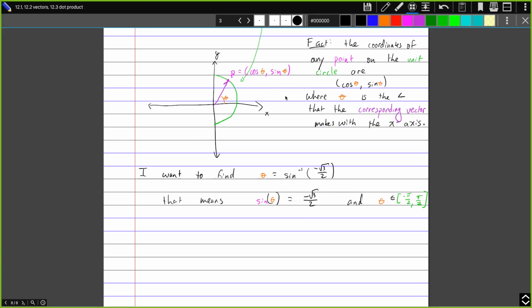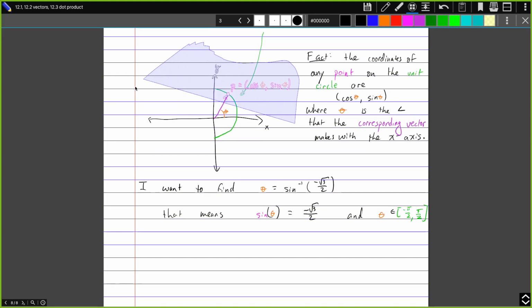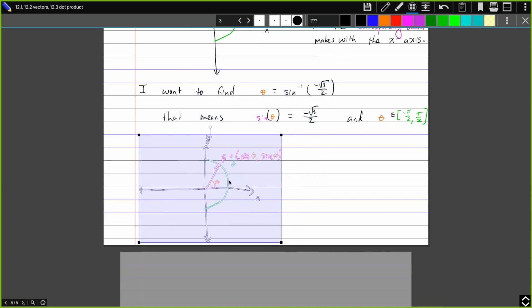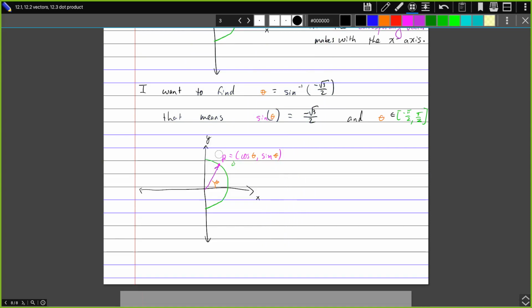So now I'm just going to copy this whole chart and delete some of the stuff we don't need.